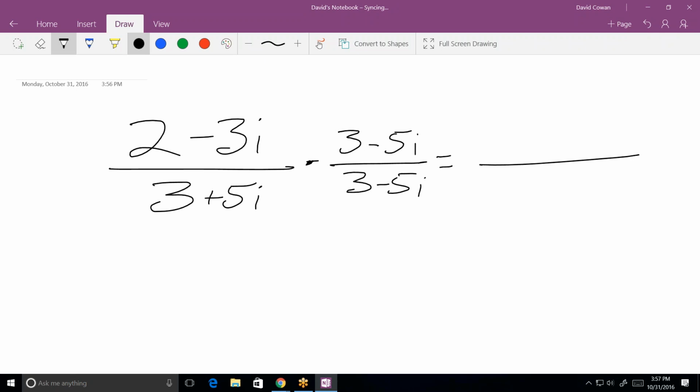On the bottom, you'd get the difference of perfect squares. So you'd have 9 minus 25i squared. Good. The top? Top, first value is 6. Second value is negative 10i. Third value is negative 9i.